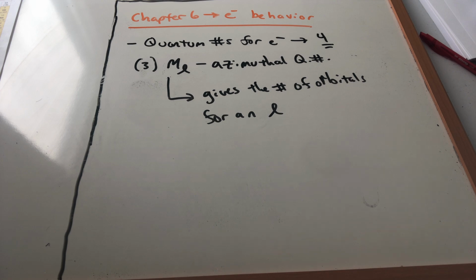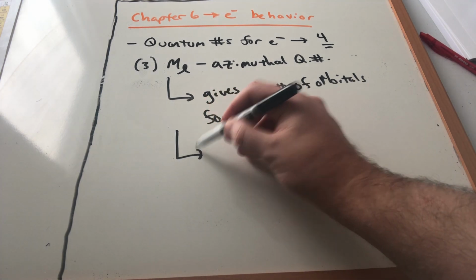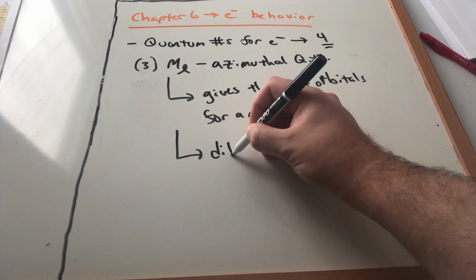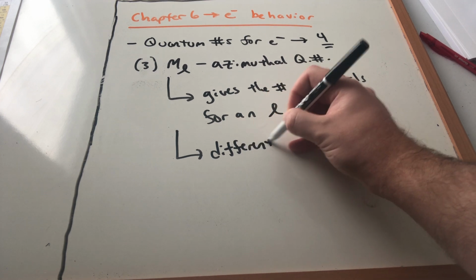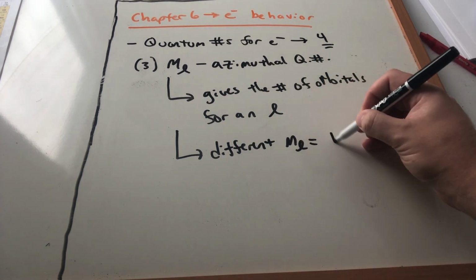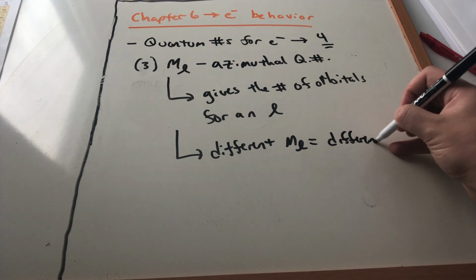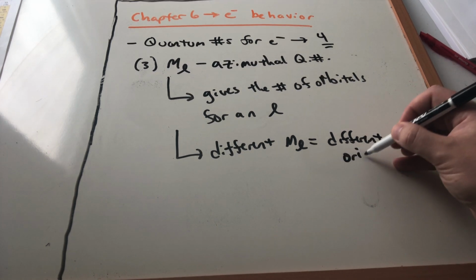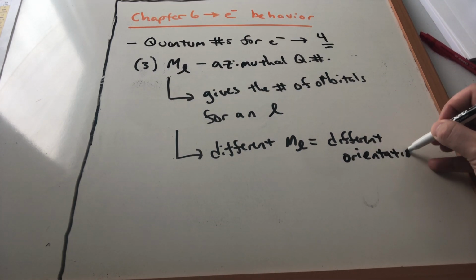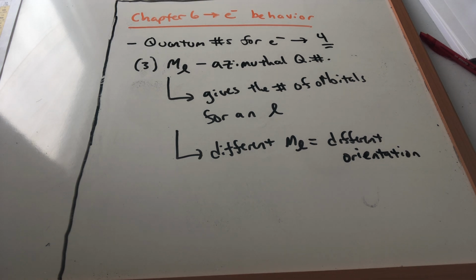So each m sub L is a different orientation. Different m sub L equals different orientation. So if there's a different orientation, then there's a different shape, pointed in a different direction.